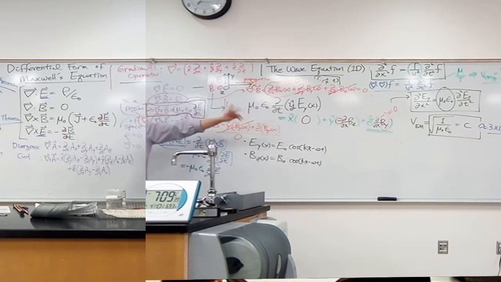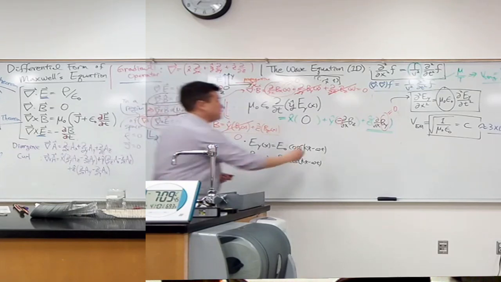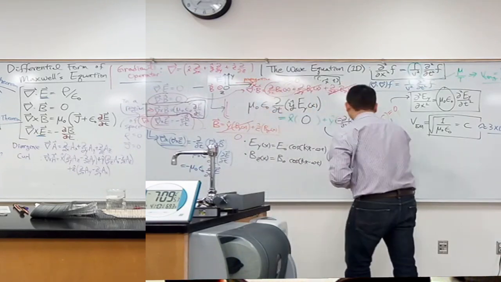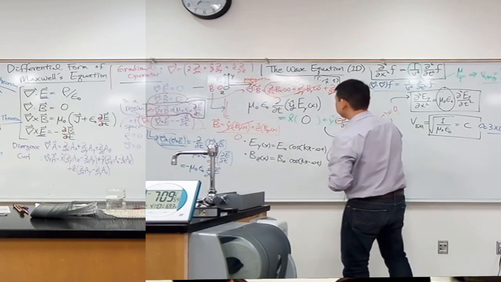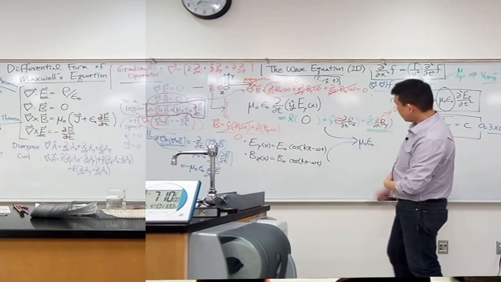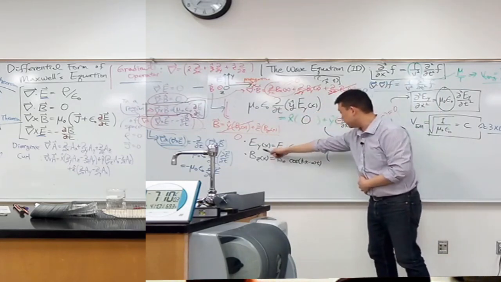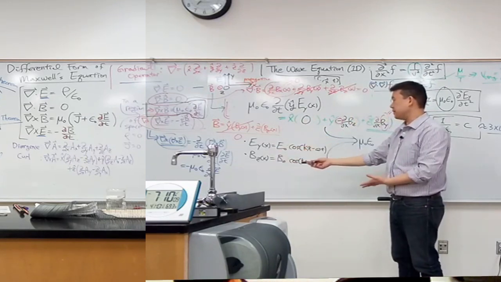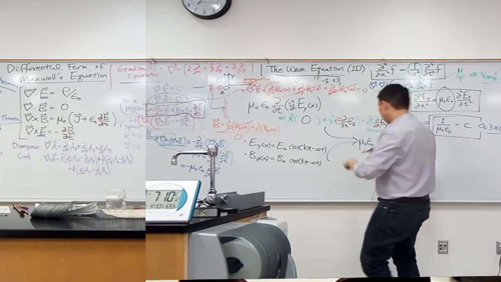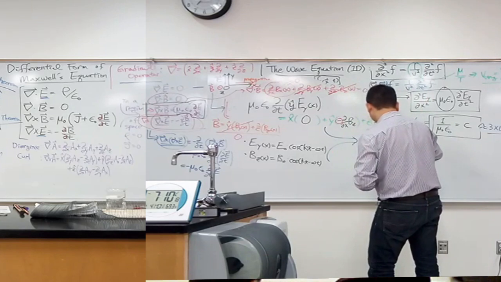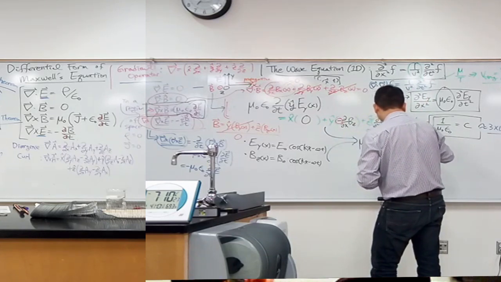So let me plug in these two guesses into this equation, and let's see what we end up with. When I plug them in, the left-hand side will look like mu naught epsilon naught. I'm going to skip the y hat because I know I'm dealing with the y component. I'm taking the time derivative of electric field, so I'll get a factor of minus omega out, but with cosine, so it'll be plus. The derivative will be plus omega E naught sine of kx minus omega t.